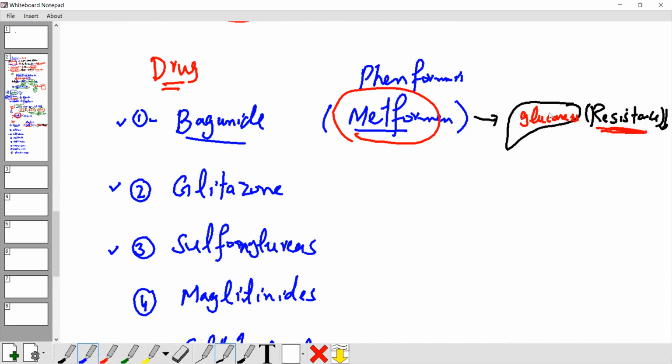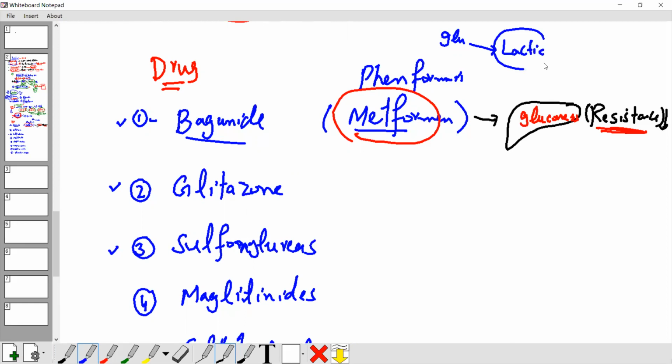this lactic acid, RBC. Inside the RBC, there's no mitochondria. So how is the RBC surviving? The glucose inside the RBC changes to lactic acid.